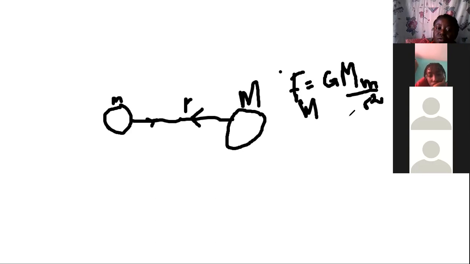So you can see that the pulling force between the two objects is given by the gravitational constant times the masses of the two objects, divided by the radius squared.